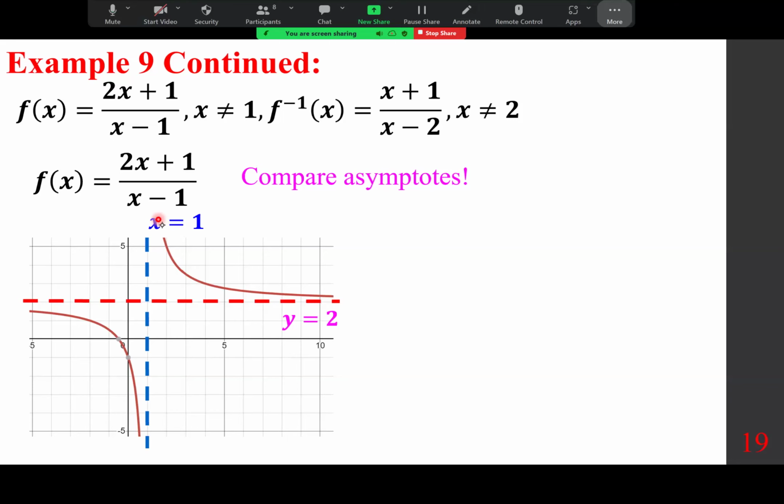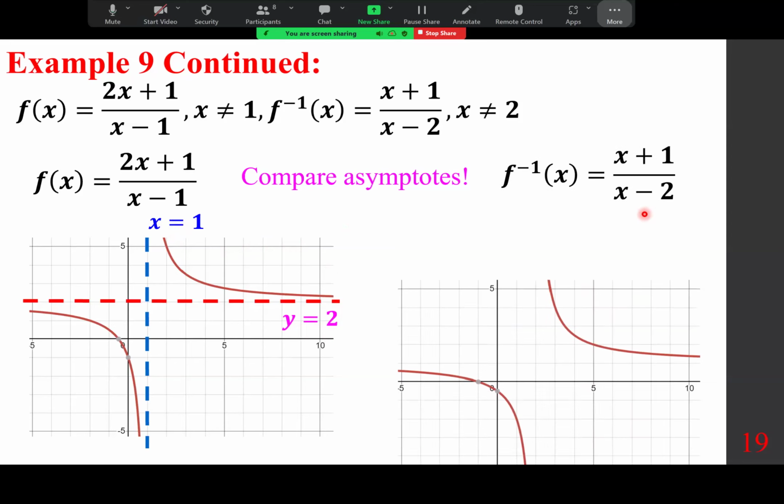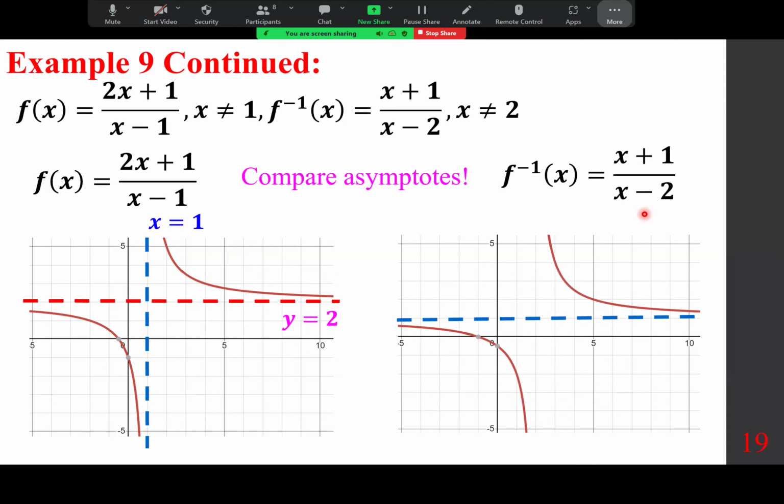Now, because x equals 1 is a vertical asymptote, for the other one, the horizontal asymptote must be y equals 1. And because y equals 2 is the horizontal asymptote, x equals 2 must be the vertical asymptote for the other one. So when we graph this one, clearly what I just mentioned, x equals 1, now y equals 1, because look, both of them have degree 1, so 1 over 1, y equals 1.